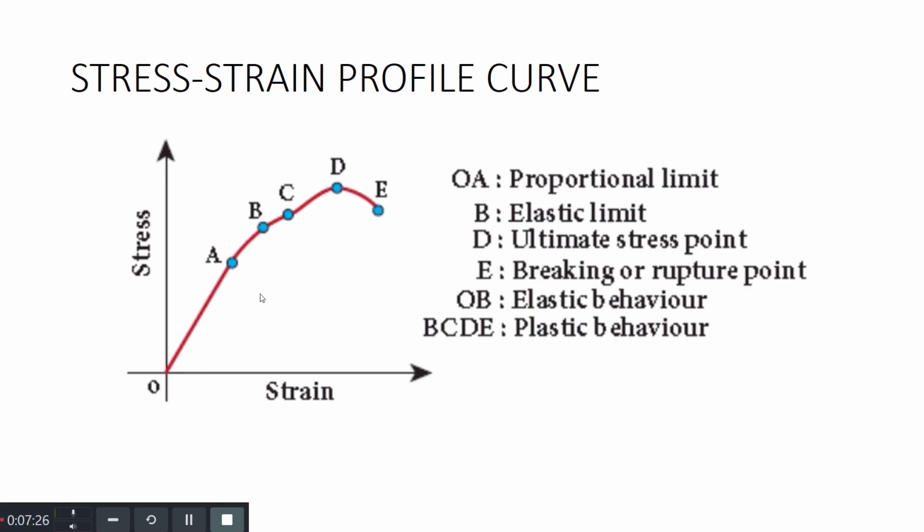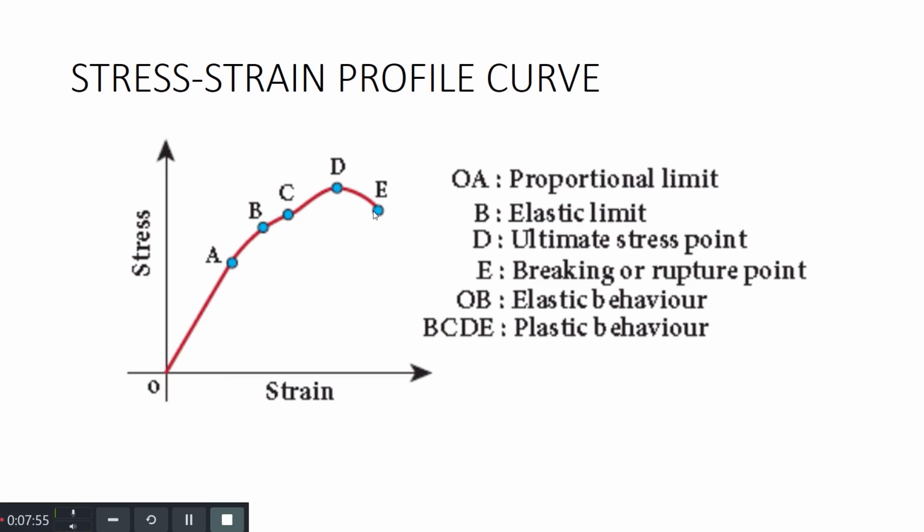Plastic behavior means that on applying stress, further strain is produced. And keep in mind that if points D and E are very close to each other, we call the substance brittle. Brittle means that it can break very easily, for example glass.